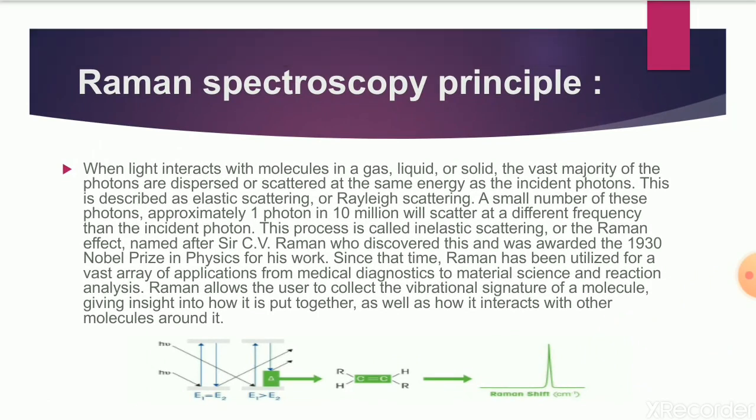A small portion is inelastically scattered, Raman scattered, composed of Stokes and anti-Stokes portions. This latter portion is what we are particularly interested in because it contains the information in which we are interested.